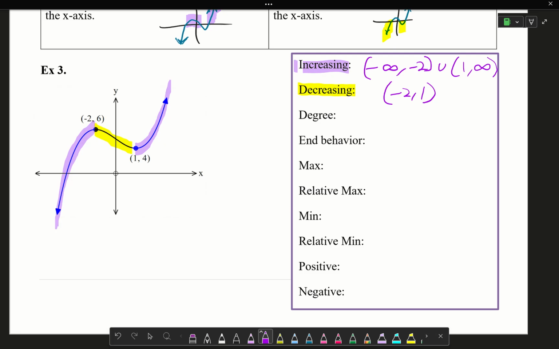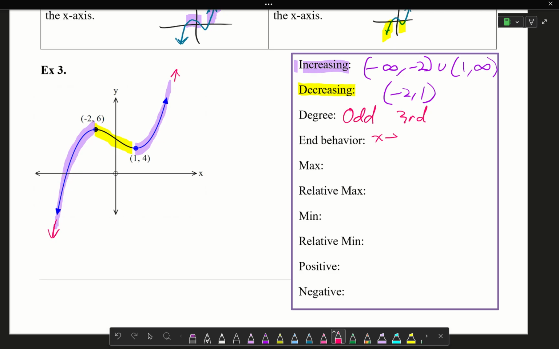The degree. Well, we can definitely tell that each of the ends are going in different directions here. So based on our information from before, we can at least tell that we have an odd degree polynomial. This one is actually third degree. And so we can automatically tell our end behavior if we have it sort of memorized from odd, even, positive, and negative.